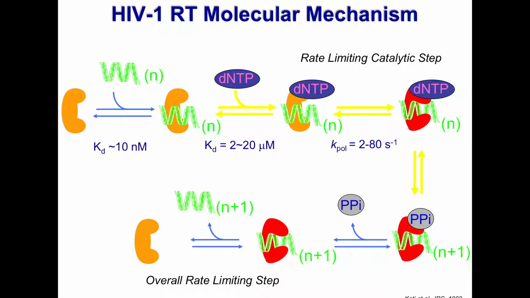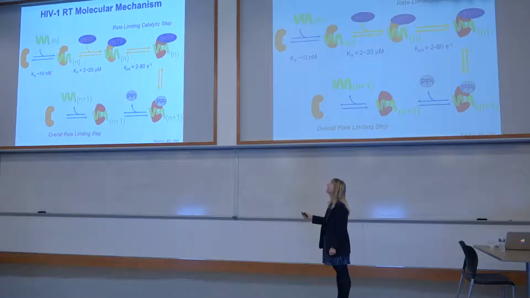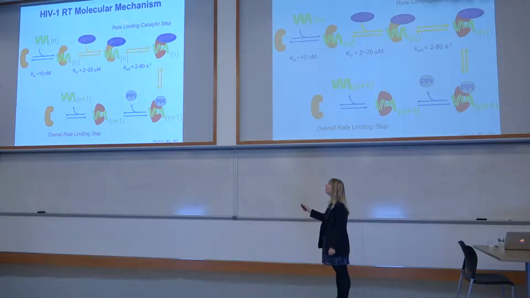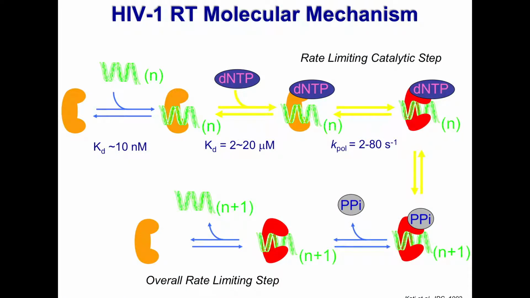And what we found in looking at the mechanism is that there's tight binding of DNA, an initial weak binding of the dNTP, a rate-limiting conformational change as the correct nucleotide is bound, and then a very fast conformational change that governs the kpol, rapid chemistry, and then the overall rate-limiting step in the reaction is the release of the elongated DNA product from the enzyme.